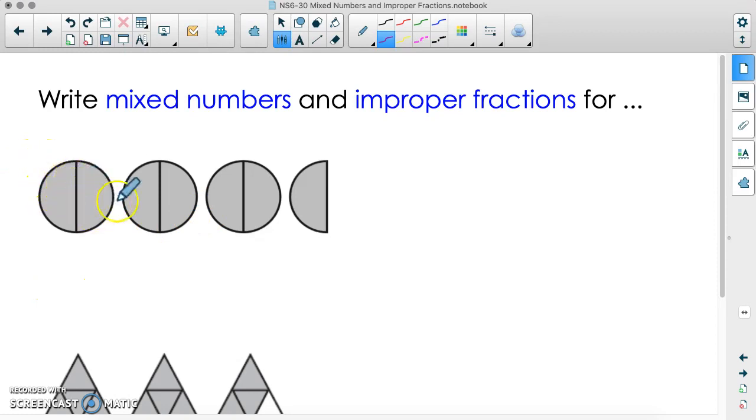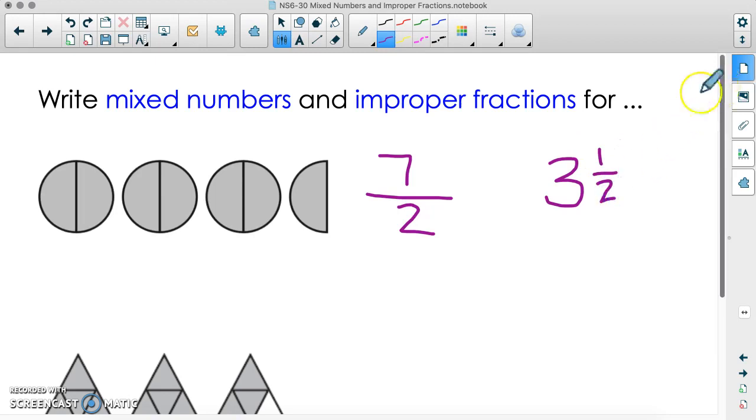We are given 1, 2, 3, 4, 5, 6, 7 pieces, and each pie is divided into 2. So that would be our improper fraction. For our mixed number, we can see that we have 3 full pies, and then we have half of the last pie.